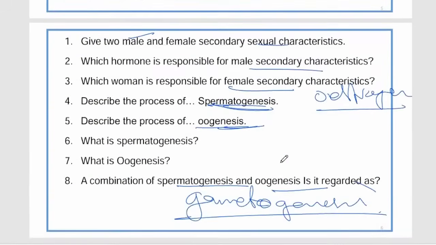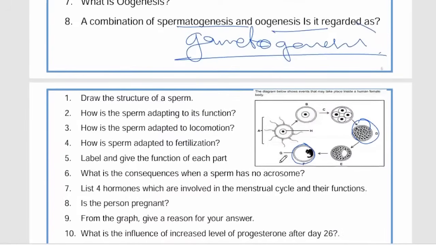Then they are saying, how is the sperm adapted to its function? Talk about the tail, which is long to provide the propulsion force. Talk about the middle piece having mitochondria to provide the energy for movement of the sperm.